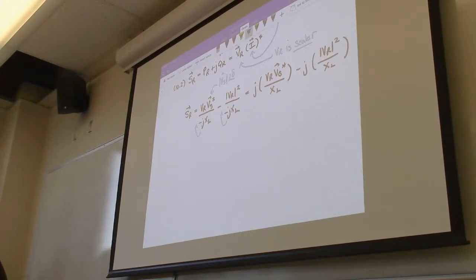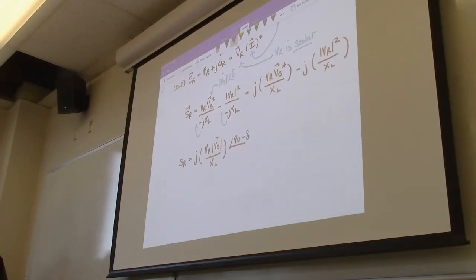So now continuing here, we have J times VR, magnitude of VS, over XL, with an angle of 90 minus delta.